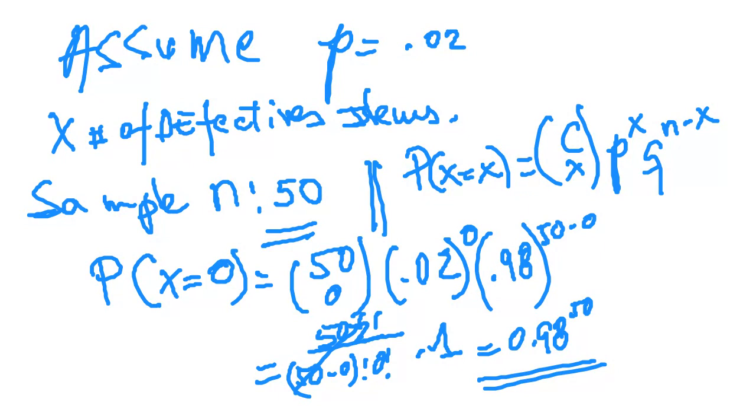That means you may expect to have at least 1 defective, but 0 is almost impossible. 0.98 to the 50 is going to give you a really small value. That is one way to get the probability.